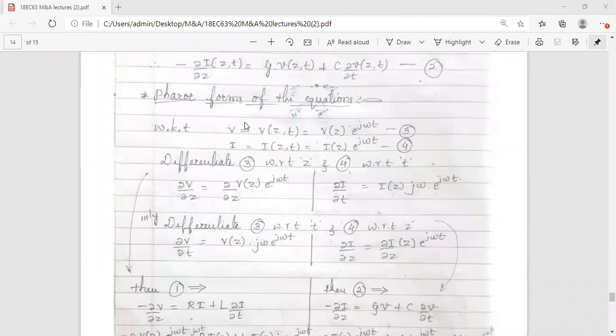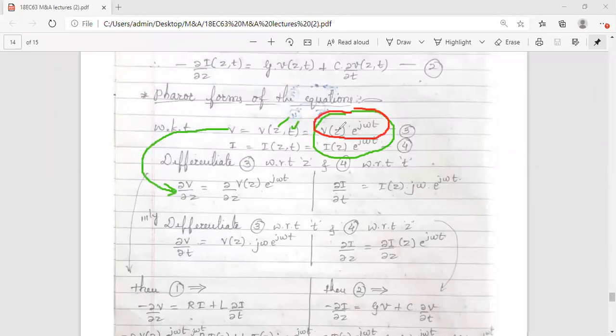So we started with the phasor forms of the equations V and I. What I will do, equation 3, I will differentiate with respect to Z. It has got two variables, one is Z and one is T. So first I will differentiate it with respect to Z. If I differentiate this with respect to Z, what will happen?